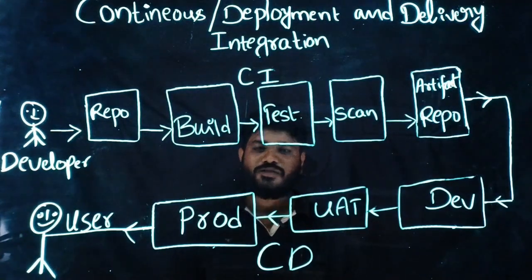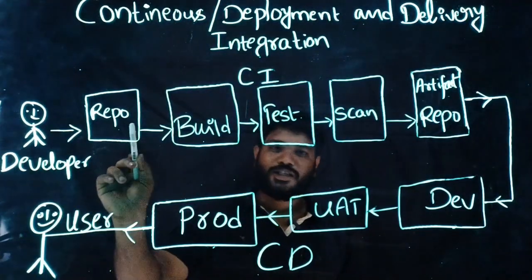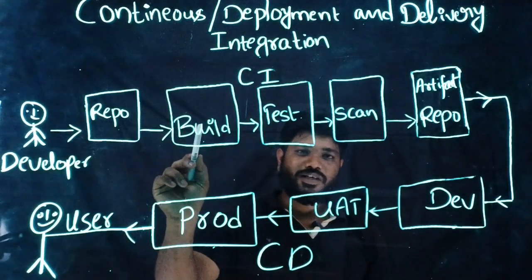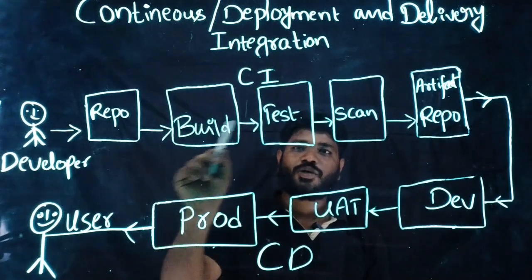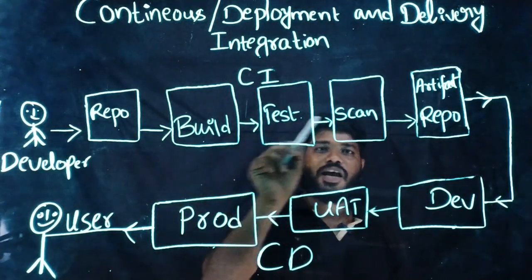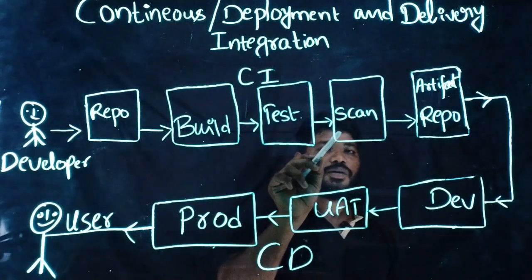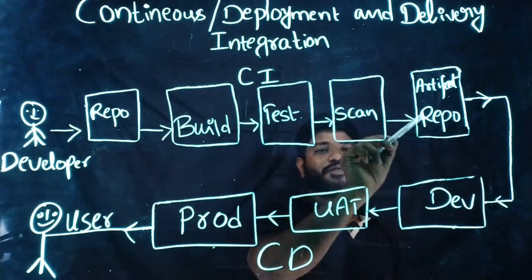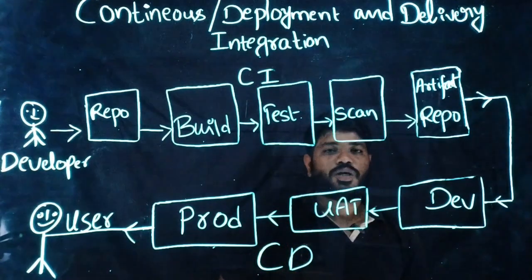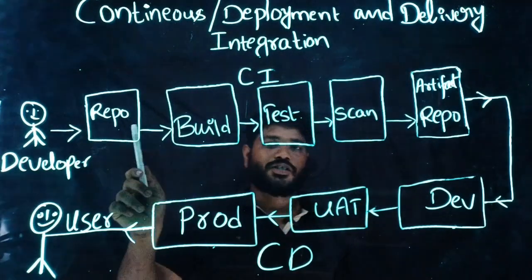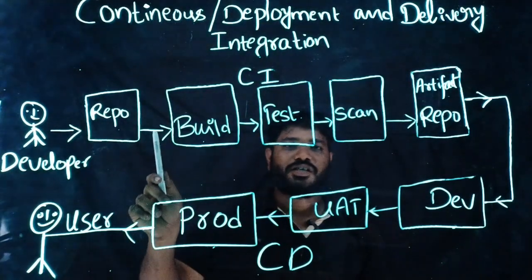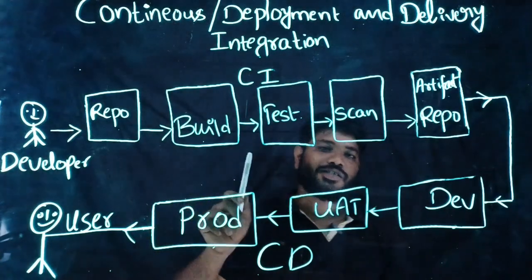And if there is a small commit from a developer, it is going to take the code and build it, converting it from human understandable to computer understandable, test it, scan it for vulnerabilities, make it a package, and push it into the artifact repository to store all your artifacts. By integrating all these stages together in one tool, which is Jenkins, we call it continuous integration.